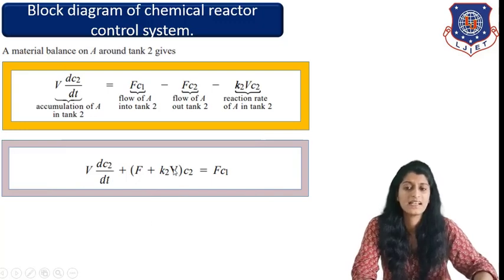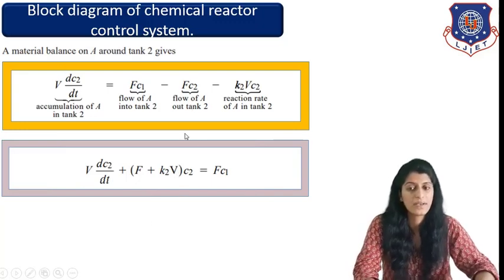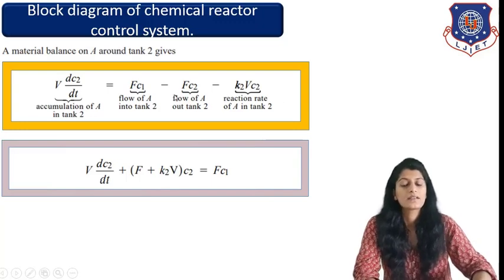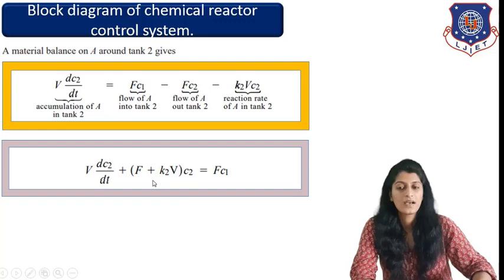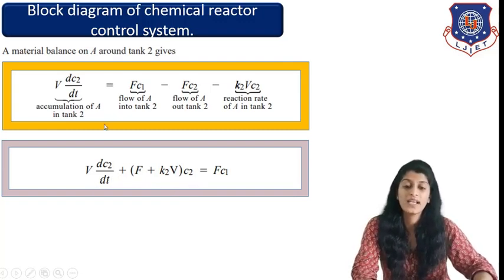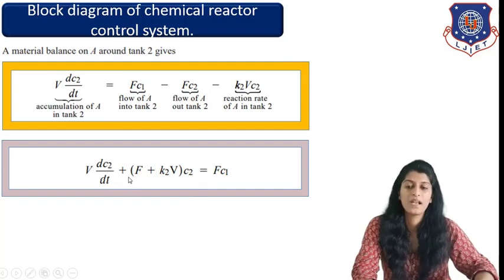Just write it in the simpler form as we have done in our previous case. Take the C2 term over to the opposite side, right, and take C2 common, then it will be in the form of V dC2 by dt plus F plus K2V into C2 equals F into C1.